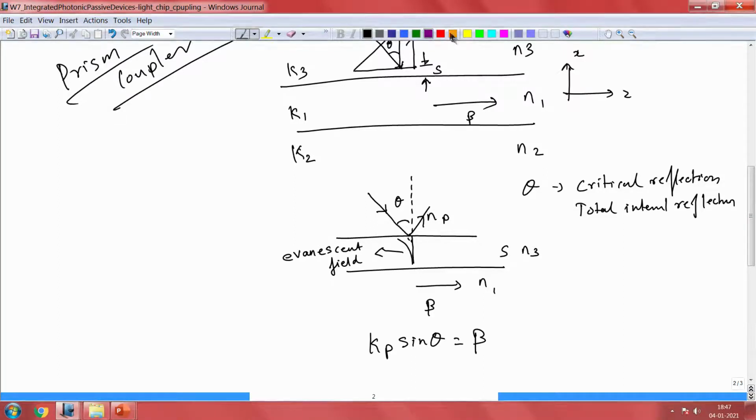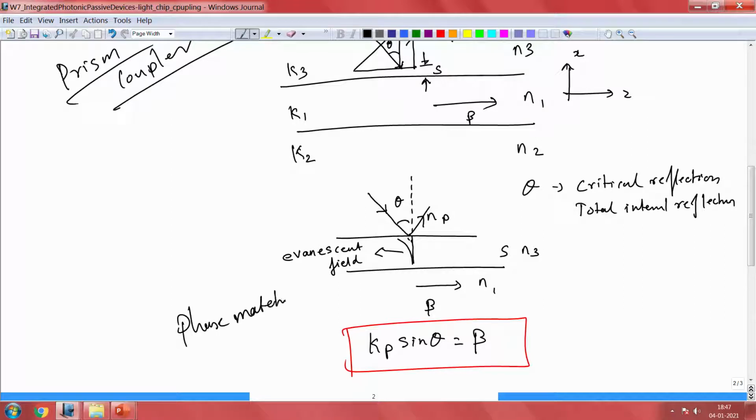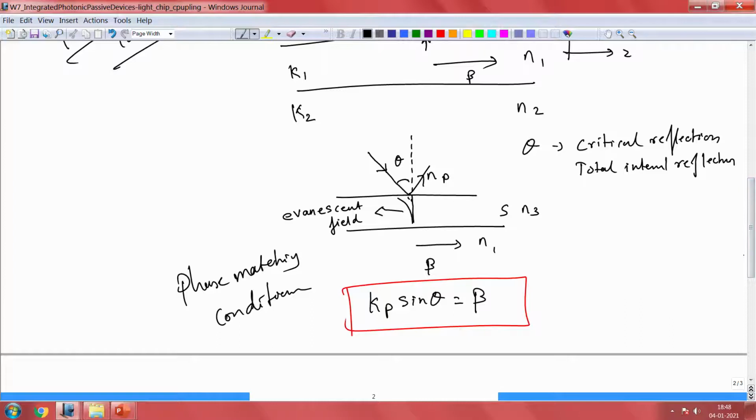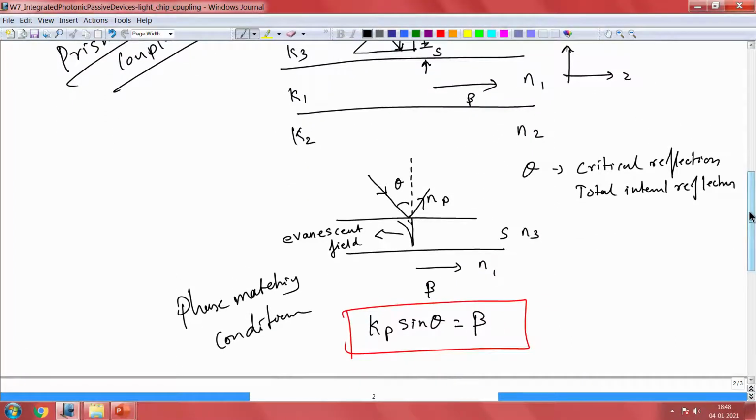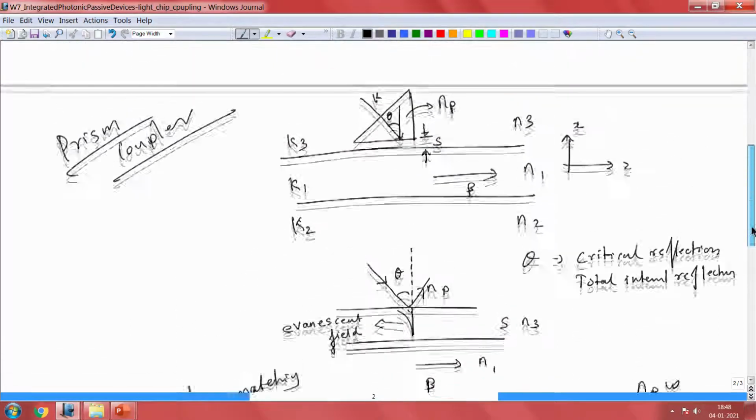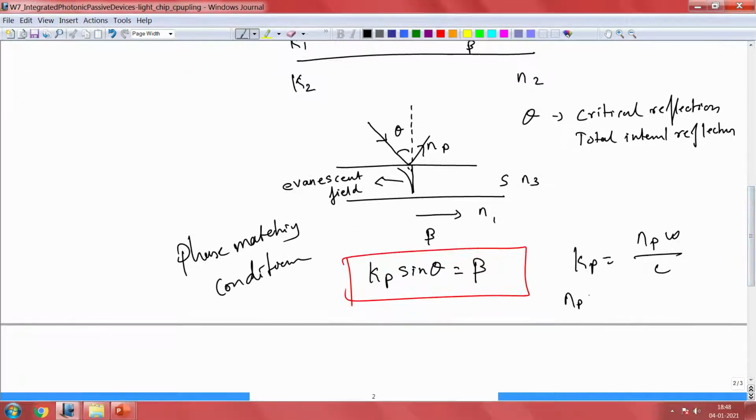So, this is our phase matching condition between a prism here and my waveguide that is sitting underneath. This is the phase matching condition. Your Kp is nothing but Np omega over c. So, Np is the refractive index of the prism.